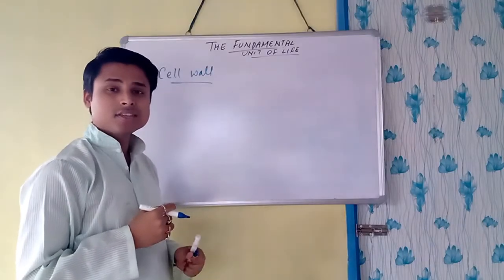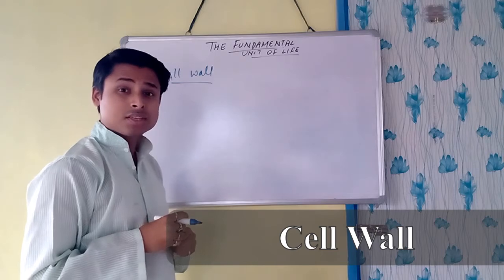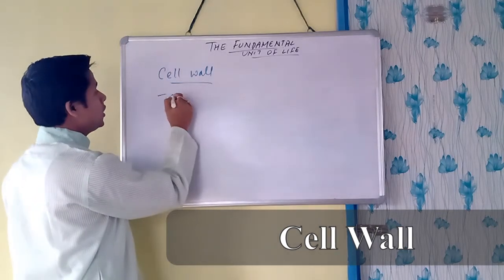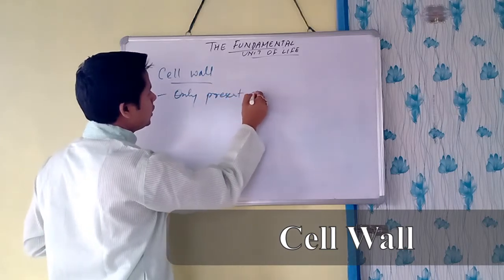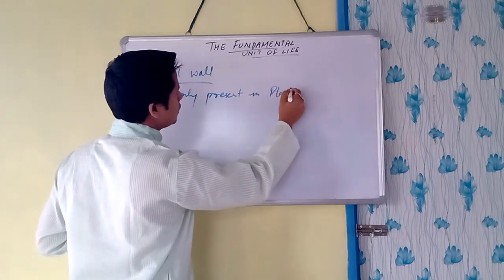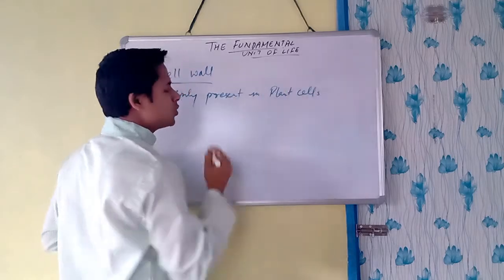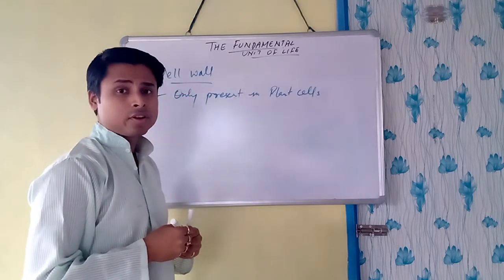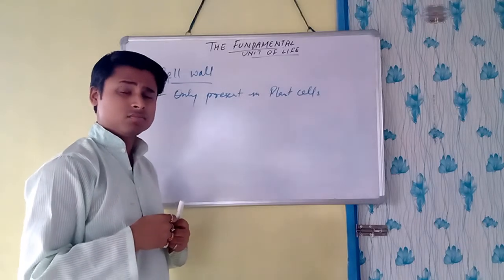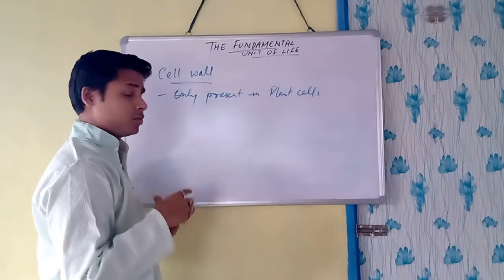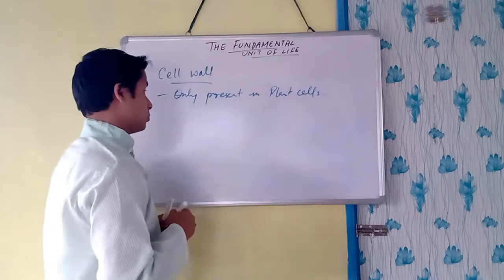Next, we will see the cell wall. The cell wall is only present in plant cells. Other than plant cells, it is also present in bacteria and fungi, but here we are discussing only the plant cell.